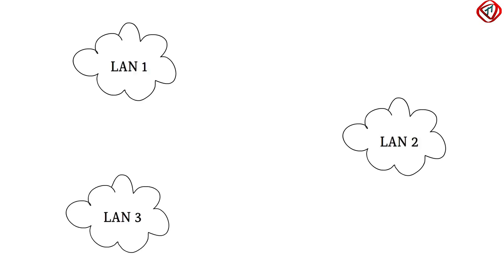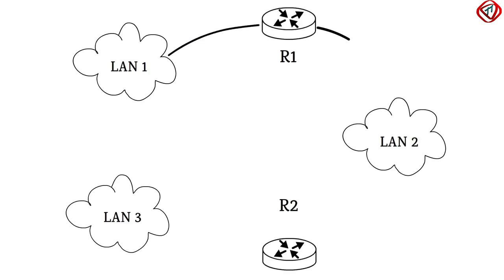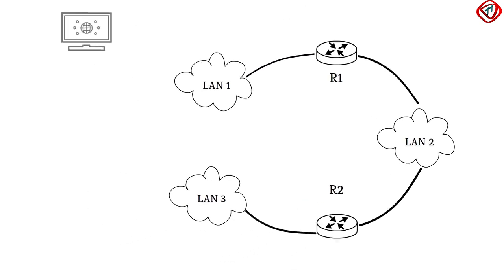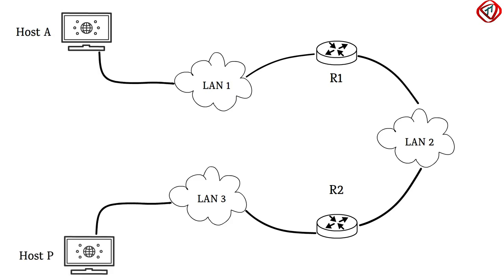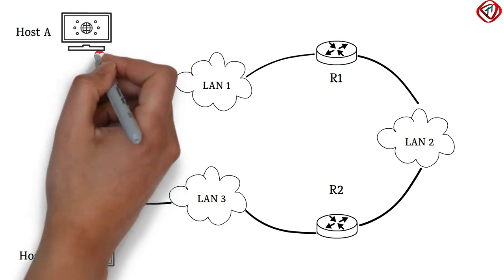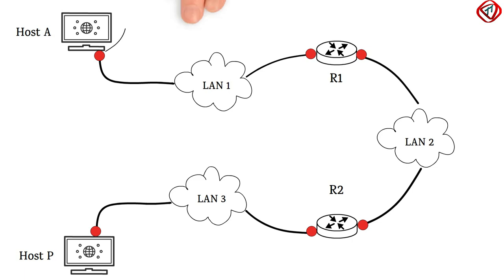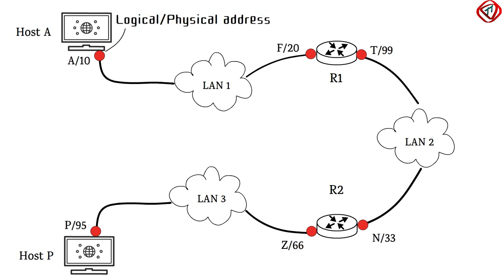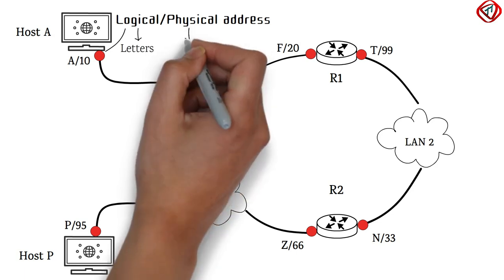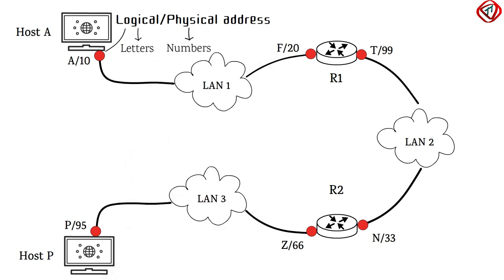Consider a network of 3 local area networks connected by 2 routers. Host A is present in LAN 1 and host P is present in LAN 3. Each interface of the device has a pair of logical and physical address. In this example, logical address is written in the form of letters and physical address is written as numbers.